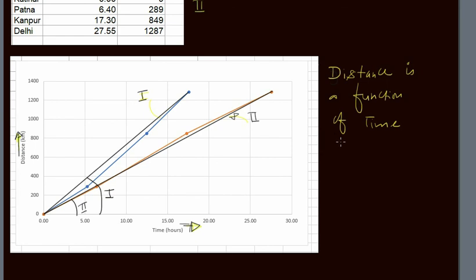So it is very clear that slope 1 is greater than slope 2.